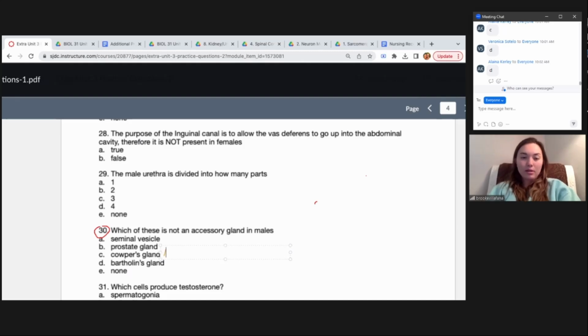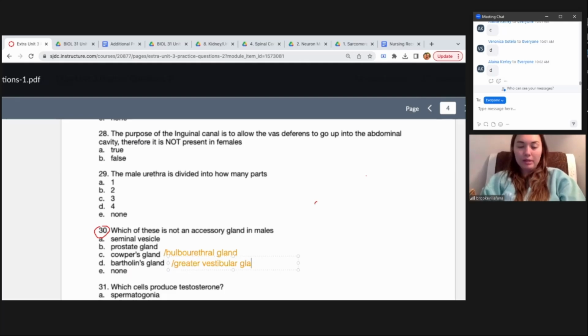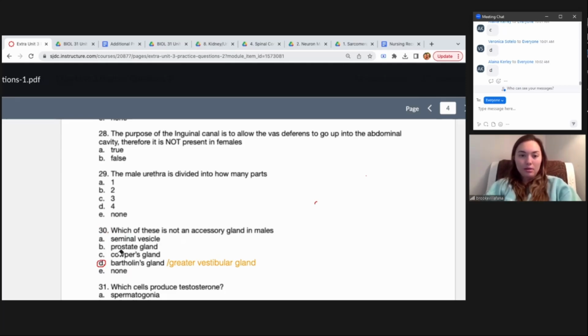The Cowper's gland is also called the bulbourethral gland. The Bartholin's gland is also called the greater vestibular gland, and it's in females for lubrication. So we know that D would not be an accessory gland in males. It's in females for lubrication. Okay? So the answer there is D. Good job.